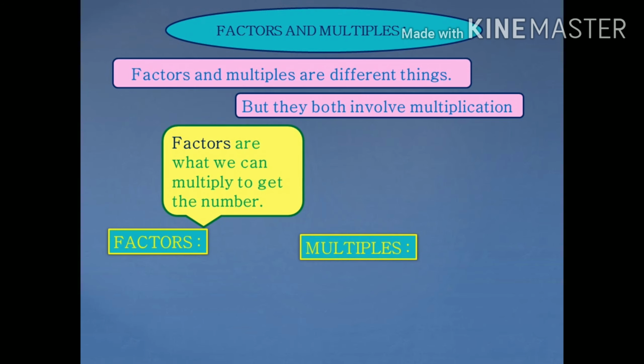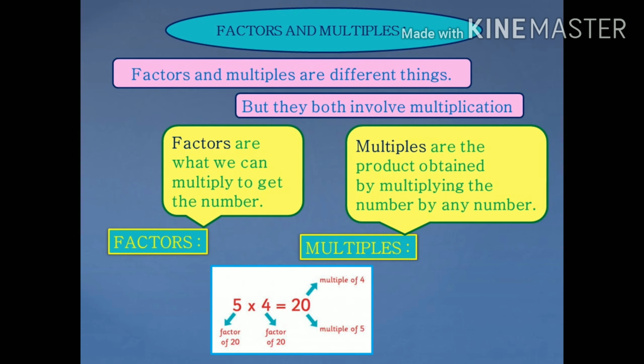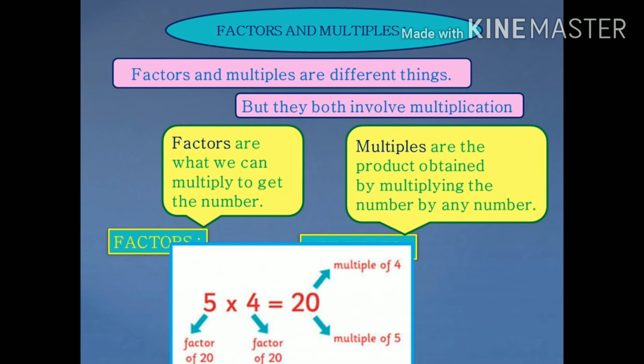What are multiples? Multiples are the product obtained by multiplying the number by any other number, which means if we multiply any two numbers and we get a product, the product is the multiple of both the numbers, as shown in this figure. 5 multiplied by 4 is equal to 20.